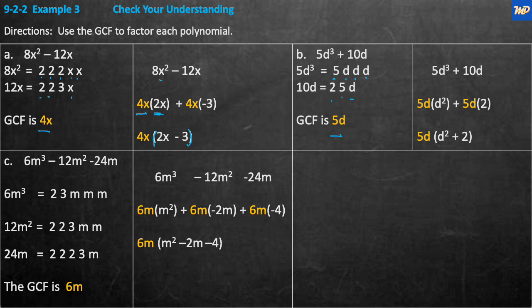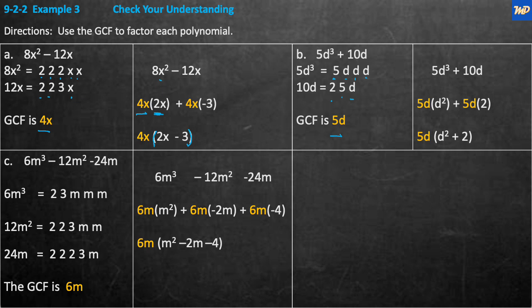Well, 5 times 2 is 10, d times 1, if you will, is d. So now we have 5d times d squared plus 5d times 2. So we can factor this 5d out, and we have 5d times the quantity d squared plus 2. That's in distributive property form.